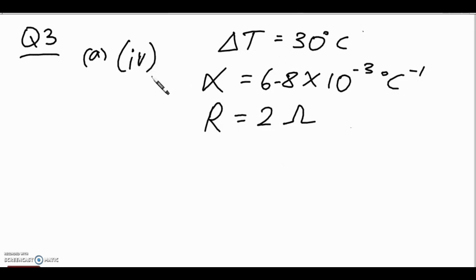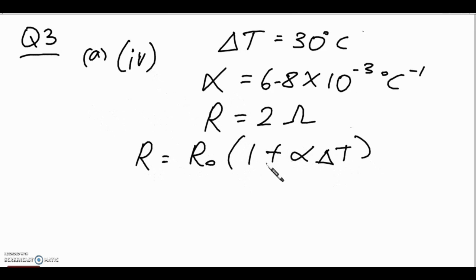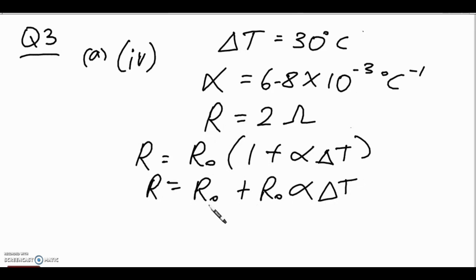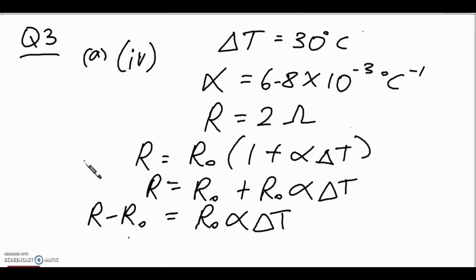Okay, so from the equation, R equals R naught times (1 plus alpha delta T). So this becomes R naught plus R naught alpha delta T, and we bring R naught to the left side: R minus R naught is R naught alpha delta T. R minus R naught can be considered as the change in resistance.